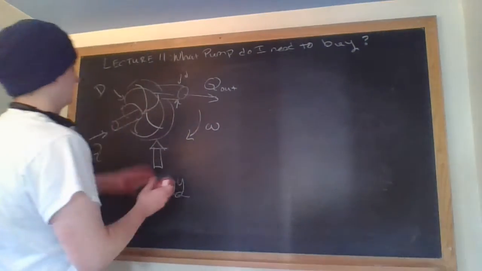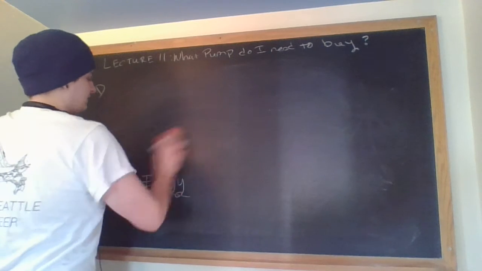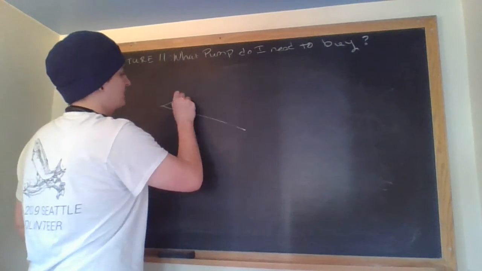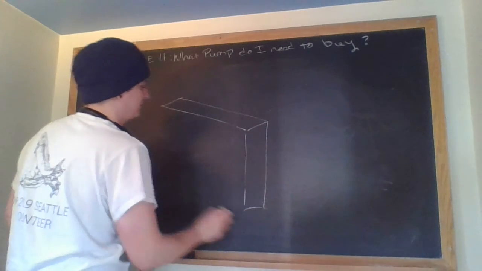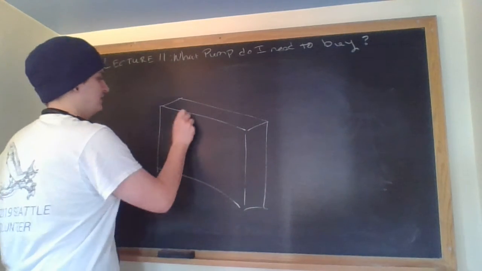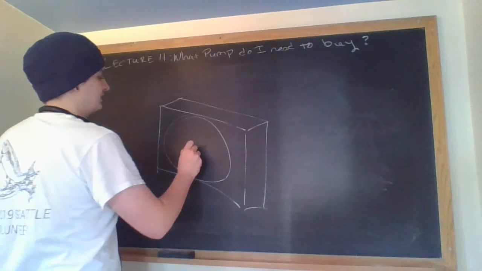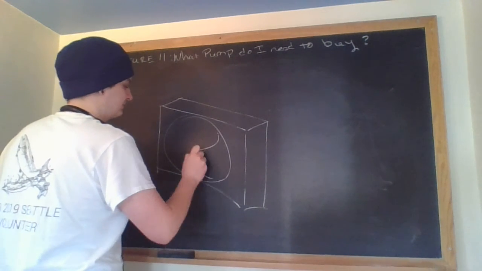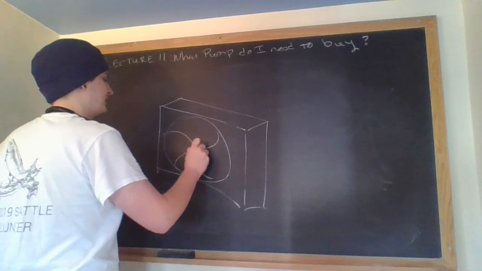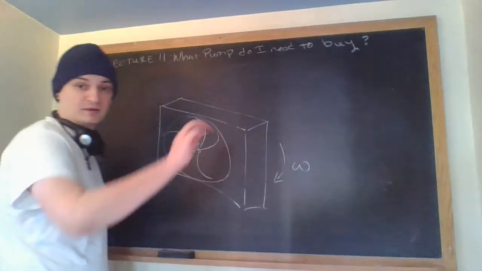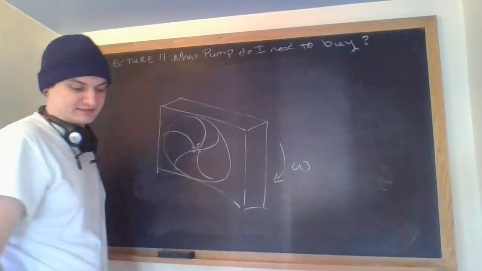So that's one type. The other type is just your simple box fan. You put these things in your windows a lot too. So here, you still have some impeller design right here, and you still have some radial velocity there.